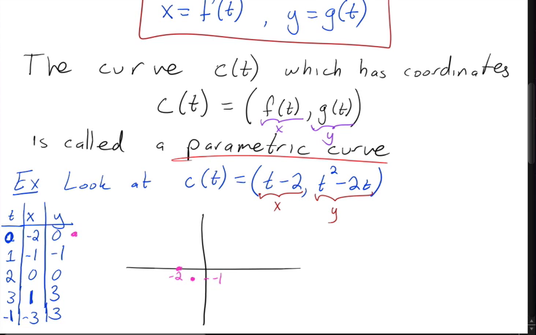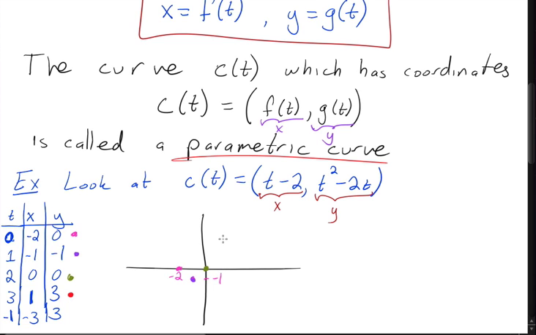My third point is at 0, 0, right there. My next point is 1, 3.